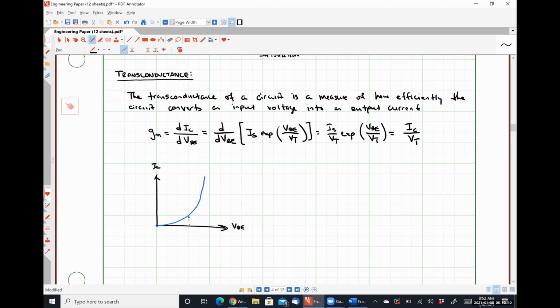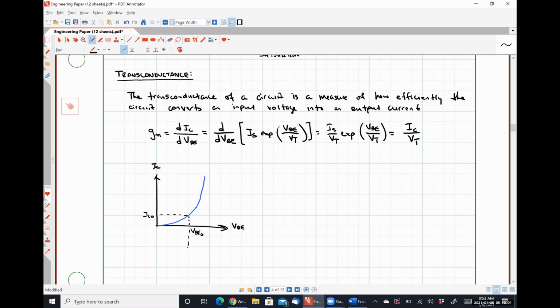So let's call this point right here VBE naught. This point right here, IC naught, this is the operating point or the large signal operating point of the BJT.